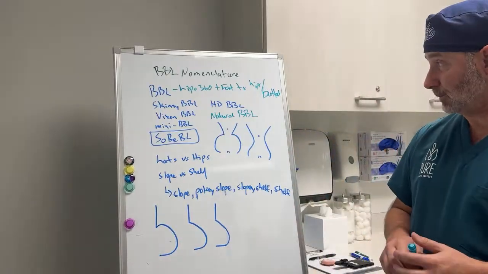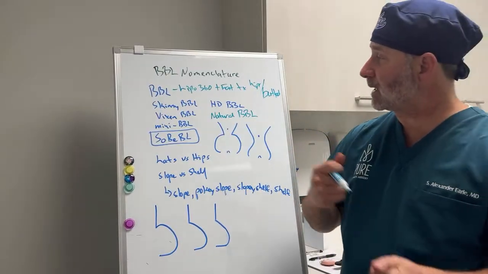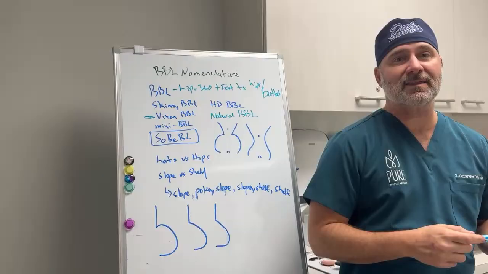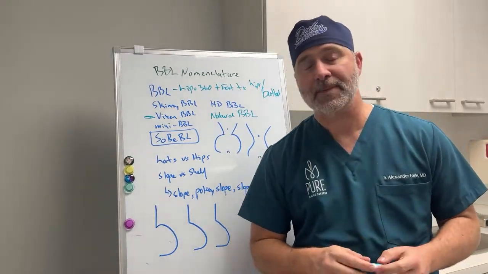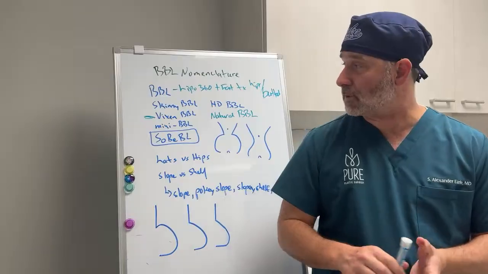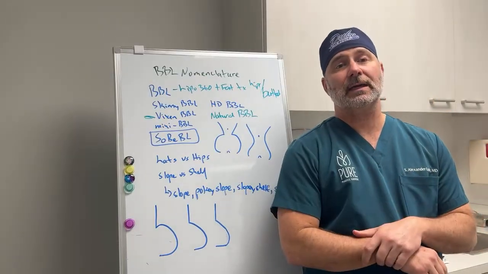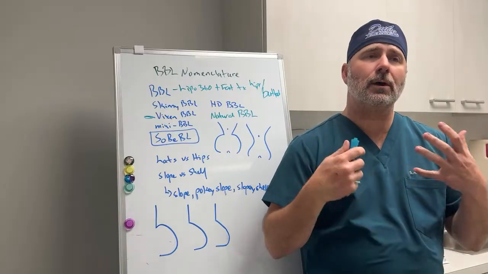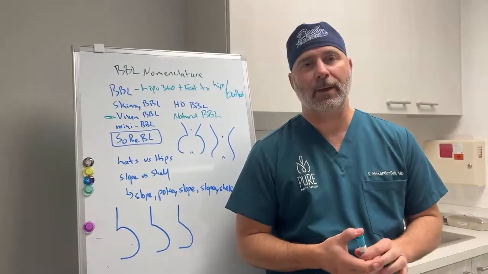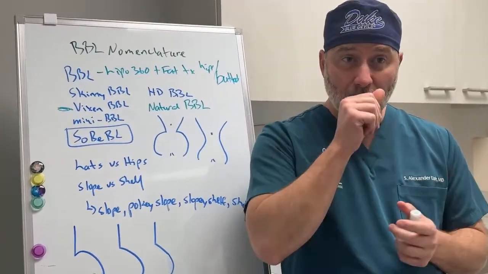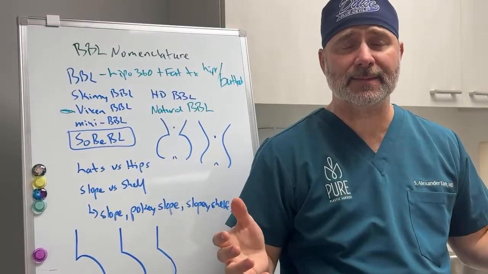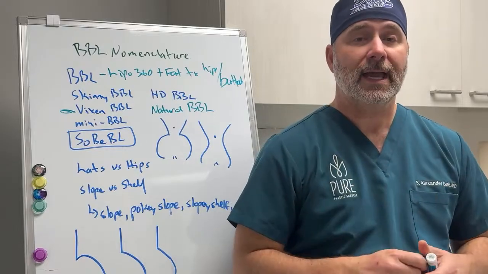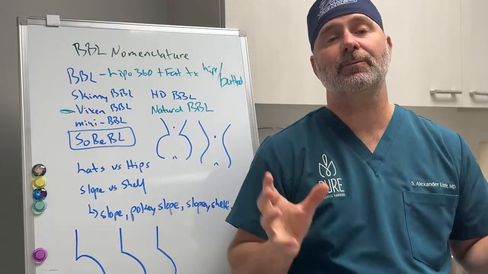The next term that you hear out there is what people started referring to as the Vixen look or the Vixen BBL. So what is the Vixen BBL? Of course, you still get your lipo 360 and your fat transfer to the hips and the buttock, but you do it in a style where it's a more dramatic look, where the waist is supposed to be as small as possible with really, really big hips. Hips that may be out of proportion to the rest of your body or to your shoulders, and a very, very large buttock with a lot of projection.